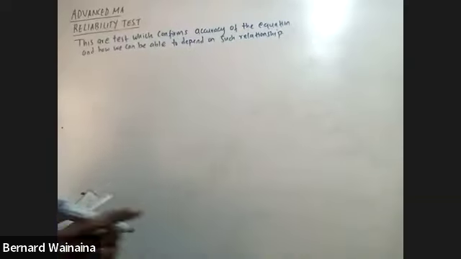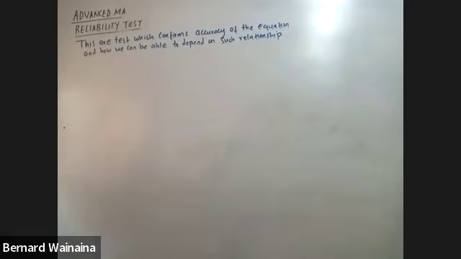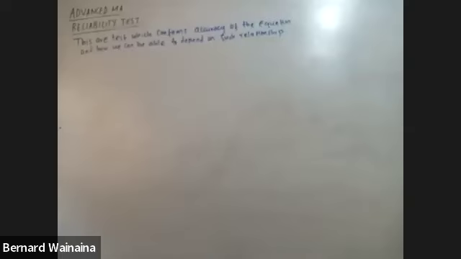Now, if you are in a relationship, there is also a need to confirm the accuracy of that relationship so that you know if you can depend on it. Now, how do you confirm the accuracy?